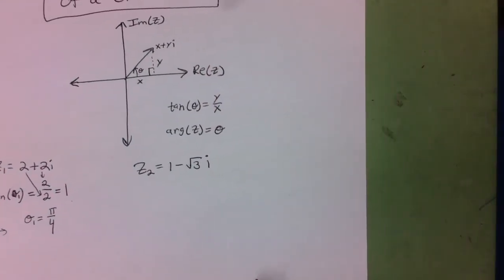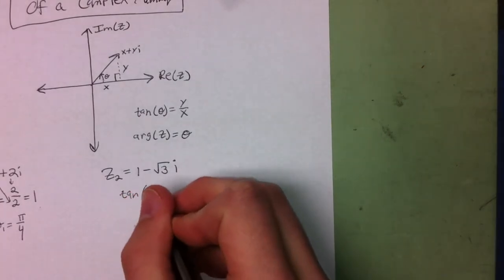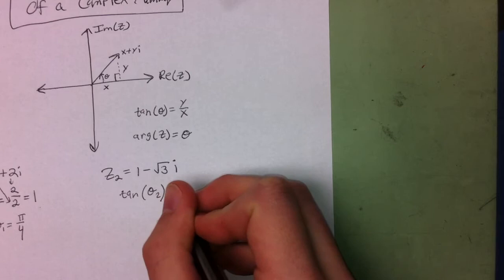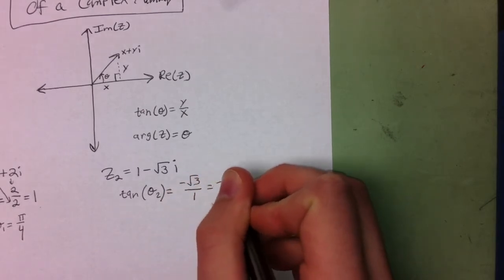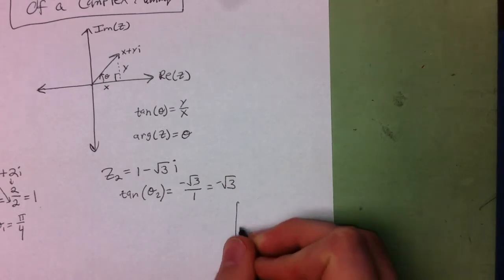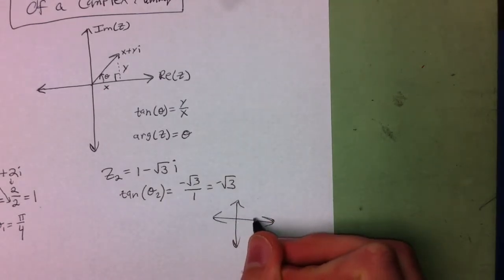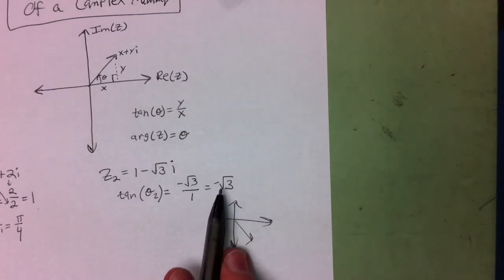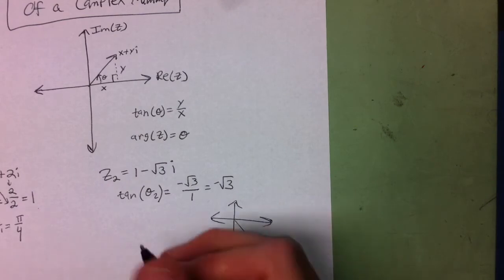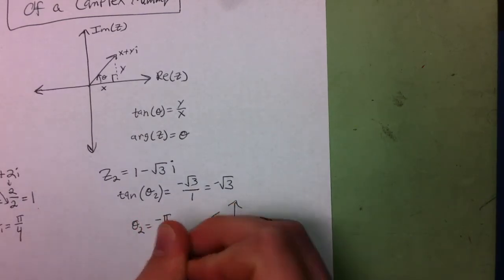For z2, we have tangent of theta 2 is equal to negative root 3 over 1, so negative root 3. And if we're just going to do a quick sketch, x is positive, y is negative, so we're down in the fourth quadrant. That tells us theta 2 equals negative pi thirds.